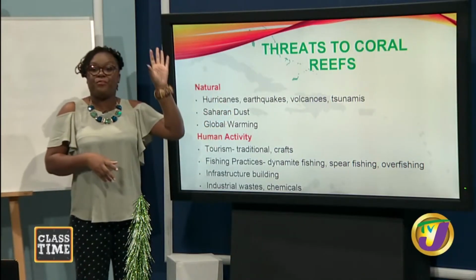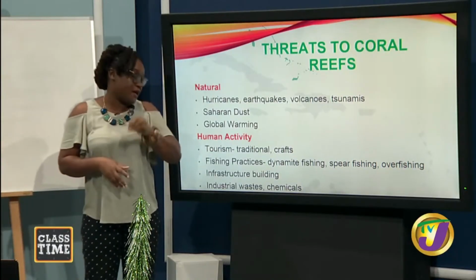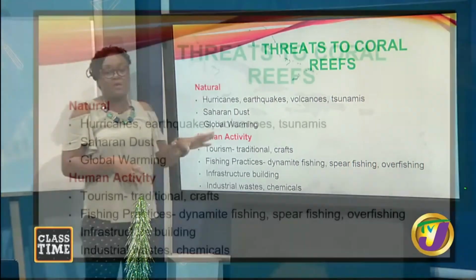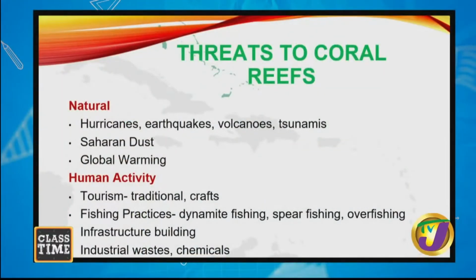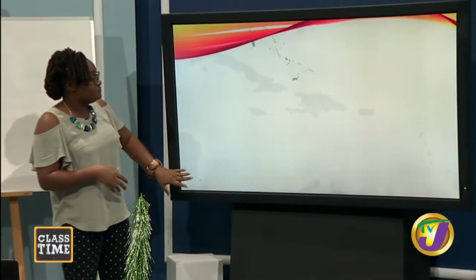All right, and we break the coral off to sell as trinkets, and we paint them and all that kind of thing. Fishing practices, very bad fishing practices, overfishing, dynamite fishing, spear fishing, and that kind of thing. Industrial wastes, chemicals from factories, and all of those are threats to coral reefs.